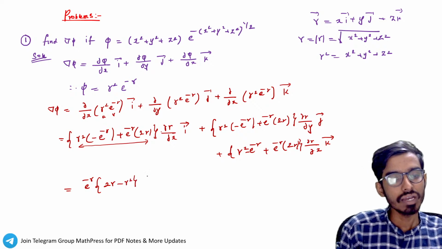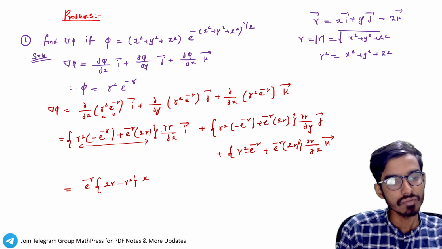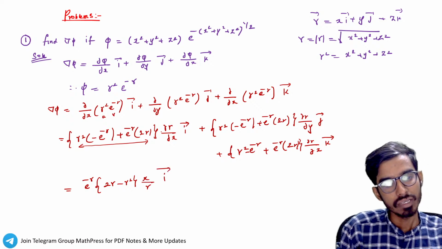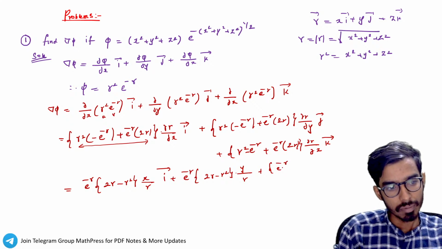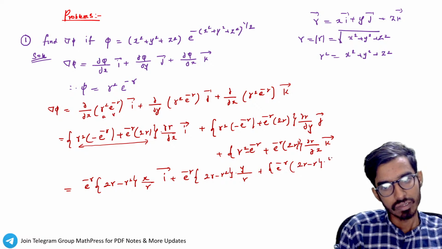And what is ∂r/∂x? We know it is x by r, right? We already solved this. ∂r/∂x is x by r, ∂r/∂y is y by r. And here also, if we take e^(-r) outside, we have 2r minus r² into y by r, and if we take e^(-r) outside, 2r minus r² into z by r, k vector, right?